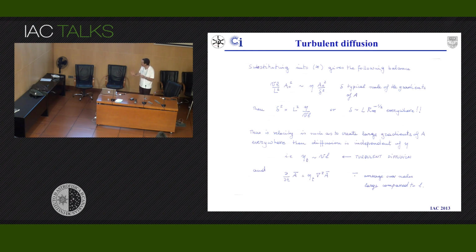Okay? So there is this magic that has been done. We started off with an equation which was the advection diffusion equation for A with very, very little diffusion. And we ended up with an equation for A bar, for the average of A, that is all diffusive and no advection.